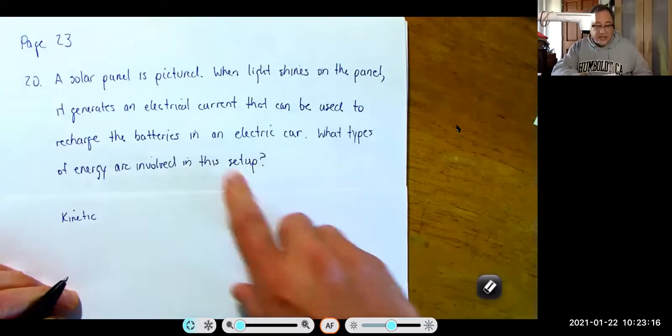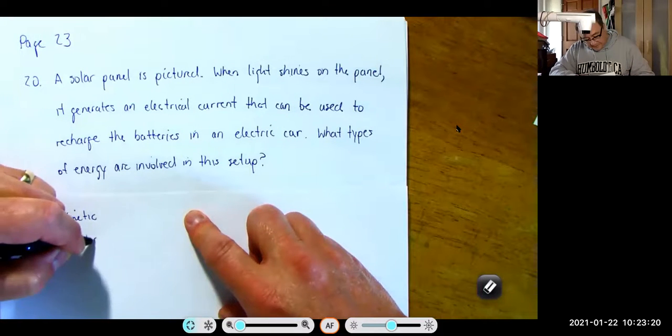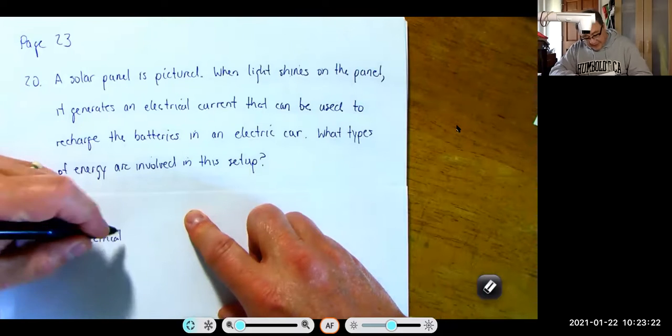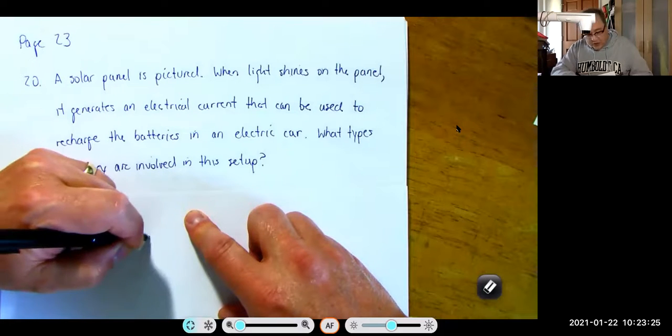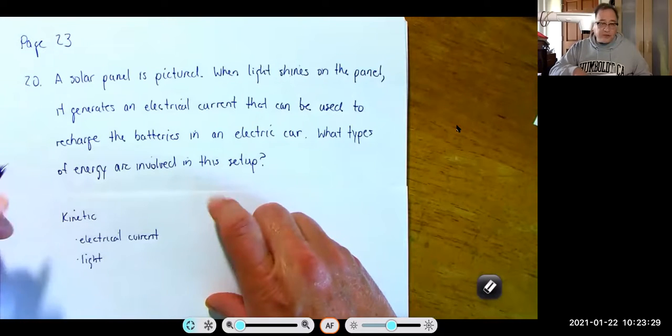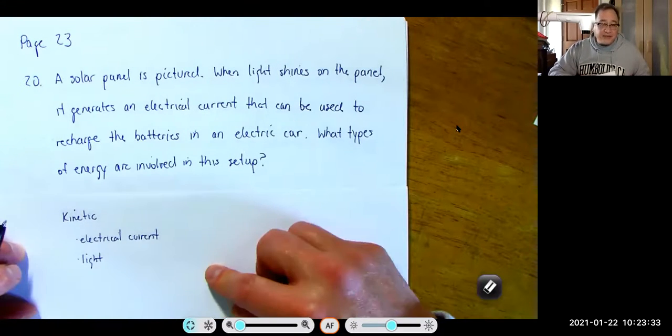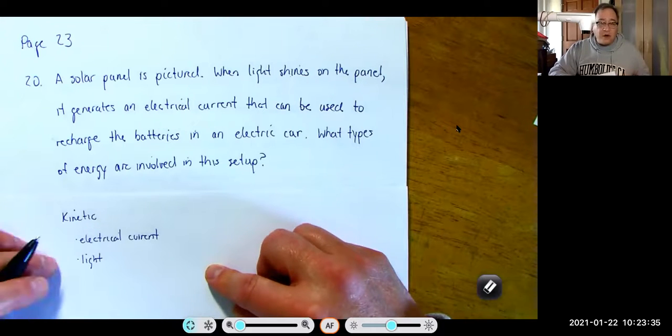And here, when it says electrical current, that's kinetic. We didn't talk about this, but light is also kinetic energy. I went to a website where they actually said that light is not energy because it has no mass. And they're absolutely wrong.